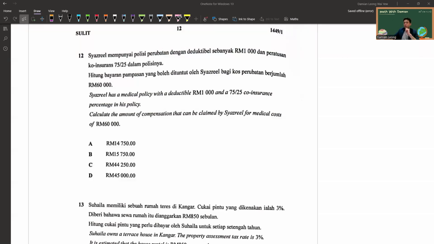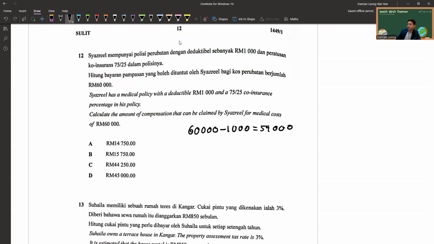Then question 12. Shazril has a medical policy, deductible 1,000, 75-25 co-insurance percentage. They want the amount of compensation that can be claimed by Shazril for a medical cost of 60,000. Before we split according to the co-insurance, we have to take out the deductible first. So we take out 1,000, 59,000.